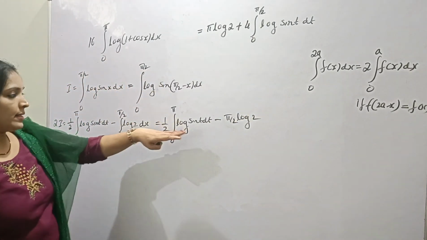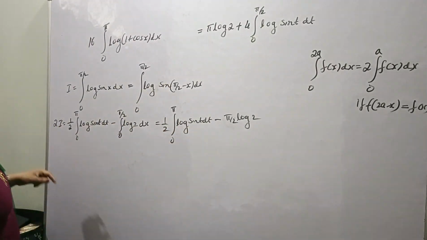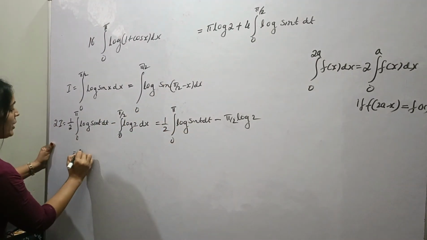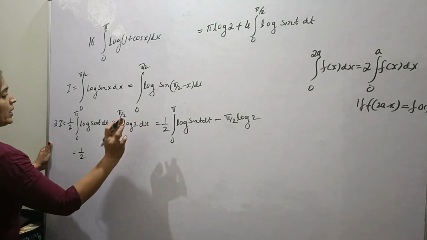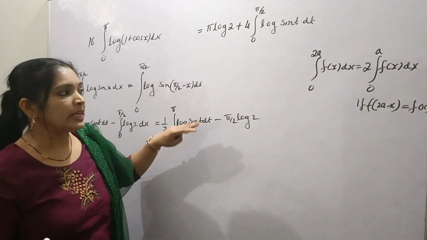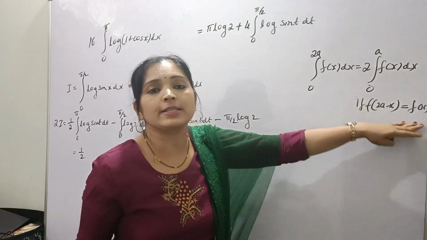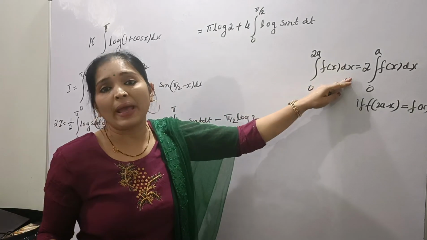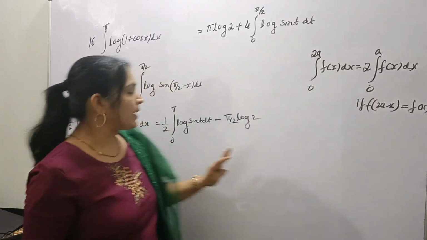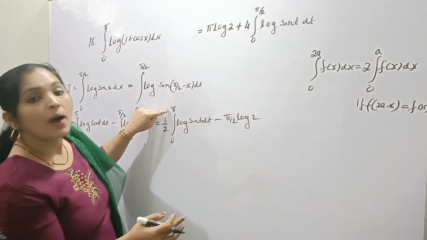Then here we have to apply this property. Before that, we have to check whether f of 2a minus x is equal to f of x; only then can we apply this property, right? So let's check what is f of 2a minus x. What is 2a here? Pi.